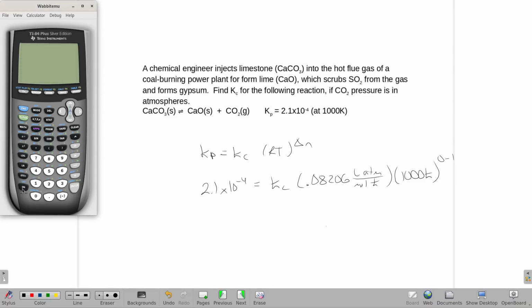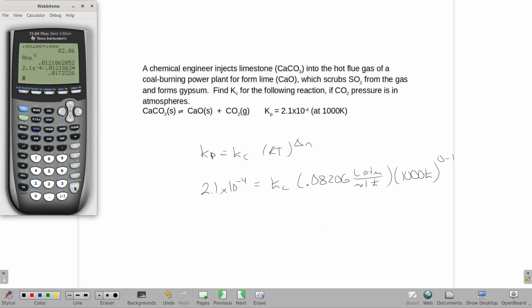So, calculation-wise, 0.08206 times 1,000 raised to the negative 1. And we're going to take 2.1 times 10 to the negative fourth and divide it by that number.